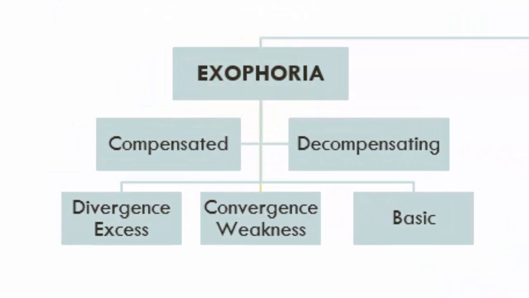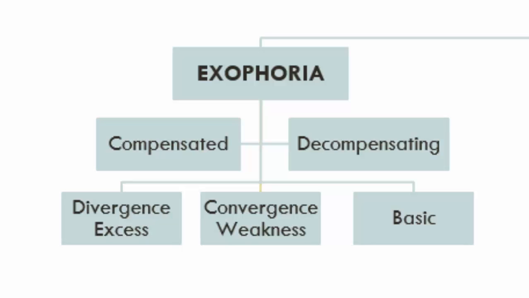Now, as we've discussed previously, a patient can either be controlling that exophoria very well, in which case they will, on cover test, have an exophoria with rapid recovery, for instance, and they would be considered to have compensated for their exodeviation.